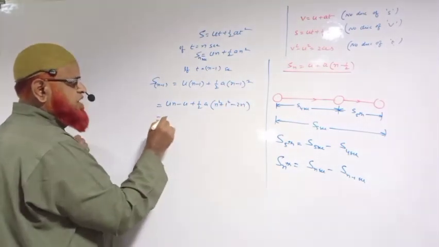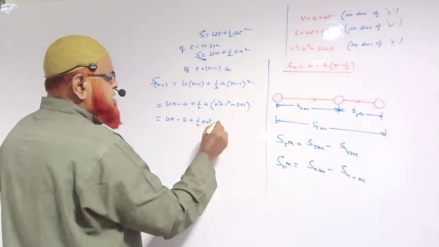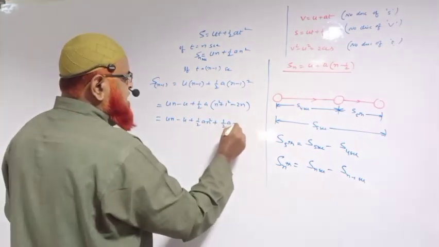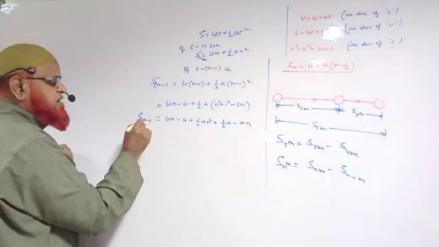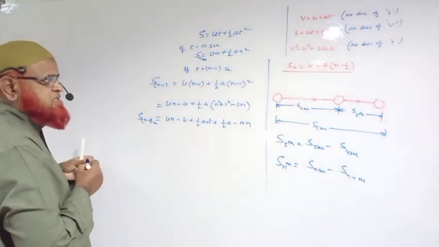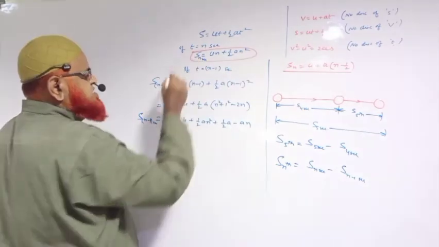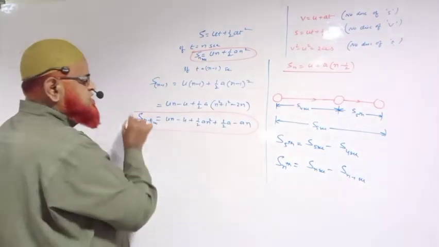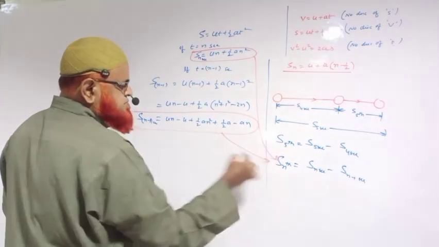Simplifying this: un minus u plus half an square plus half a minus an. That's it. This is the displacement traveled in n minus 1 seconds. Got it? Yes? So what are the equations we are getting now? This is for n seconds and this is for n minus 1 seconds. Can you substitute these two equations here?